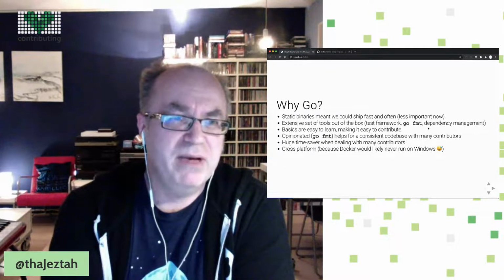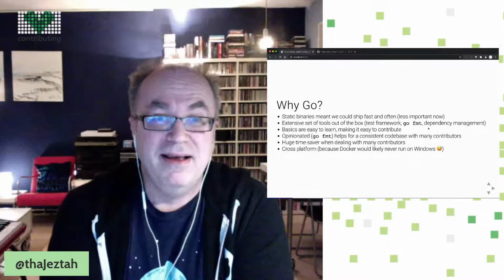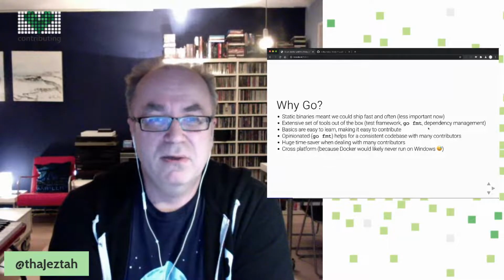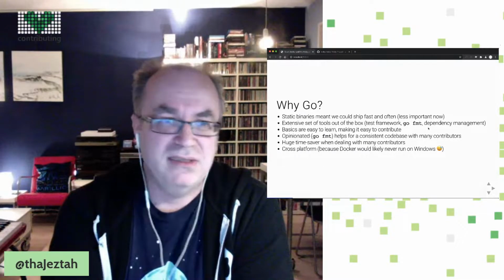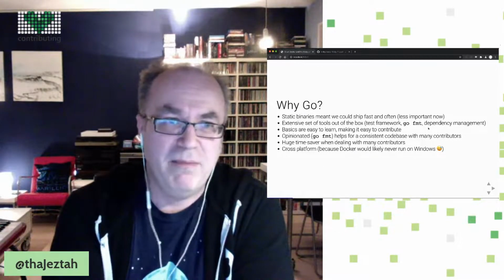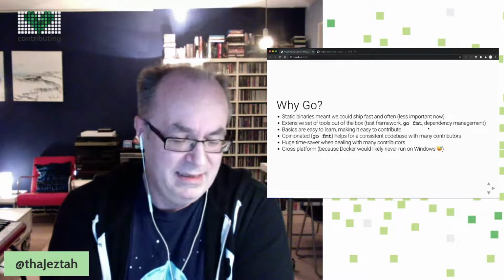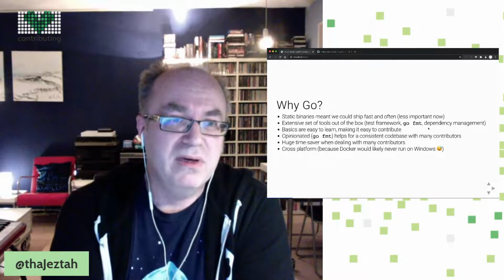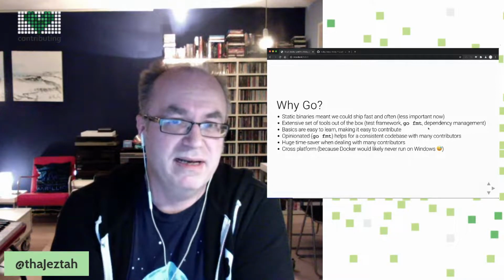We could build static binaries, and at the time, Docker was a single binary. And we could easily build those and ship those without having to do Debian or RPM packages and all the complexity needed for that. So things changed over the years. It's now no longer that important for us to have the static binaries, but it really got us bootstrapped and helped us, at least at the start.